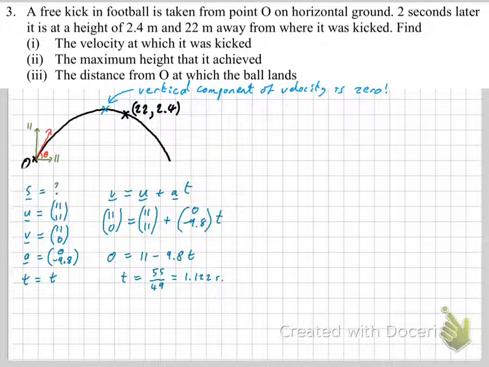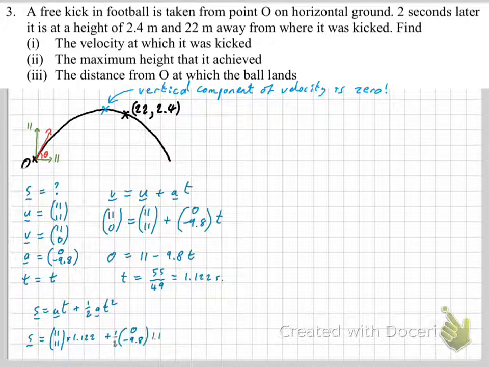And then let's go back to our old friend s equals ut plus half at squared. Knowing our new value of t, this becomes quite awkward, but it's just long. u is that, t is that. Bang everything in.